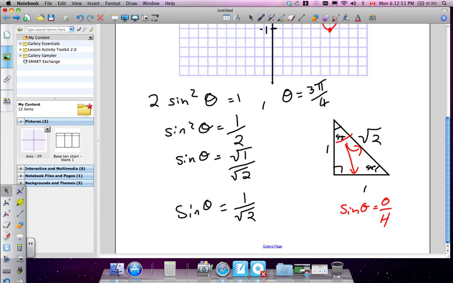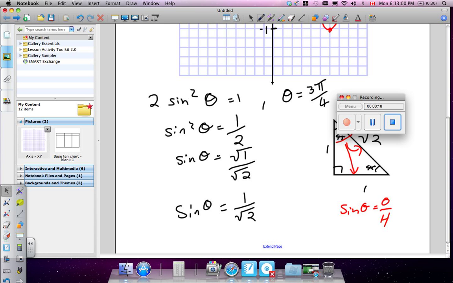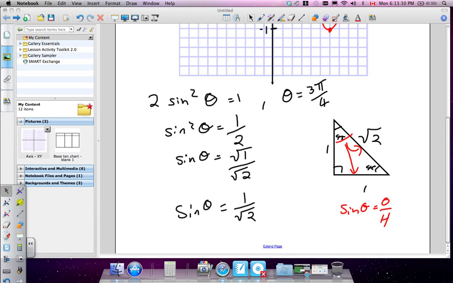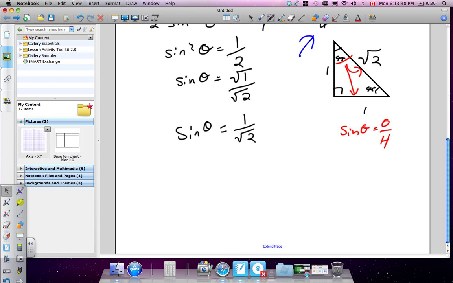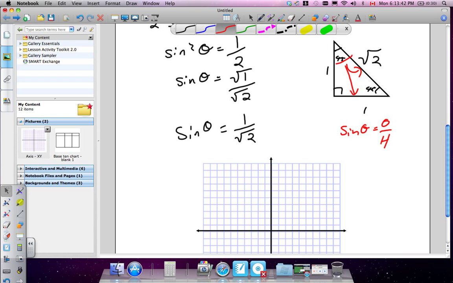But the only thing is I have to prove now that 3 pi divided by 4 is a 45-degree angle. So you can either punch this into a calculator, 3 pi divided by 4, or what you can do is, again, think of it like rotations.